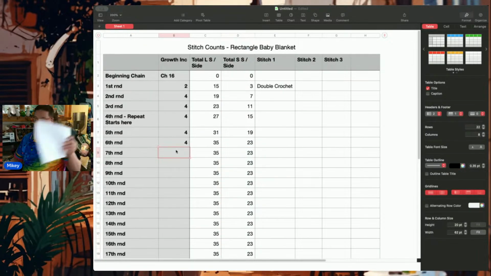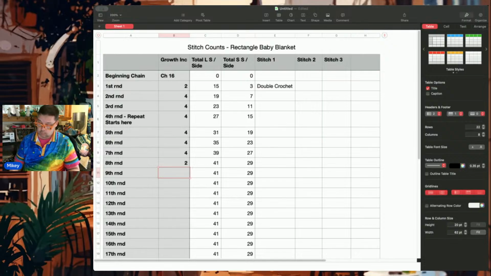Okay, seventh round is 4. Eighth round is 2. Ninth round is 2. Tenth round is 4, 4, 2, and 4.